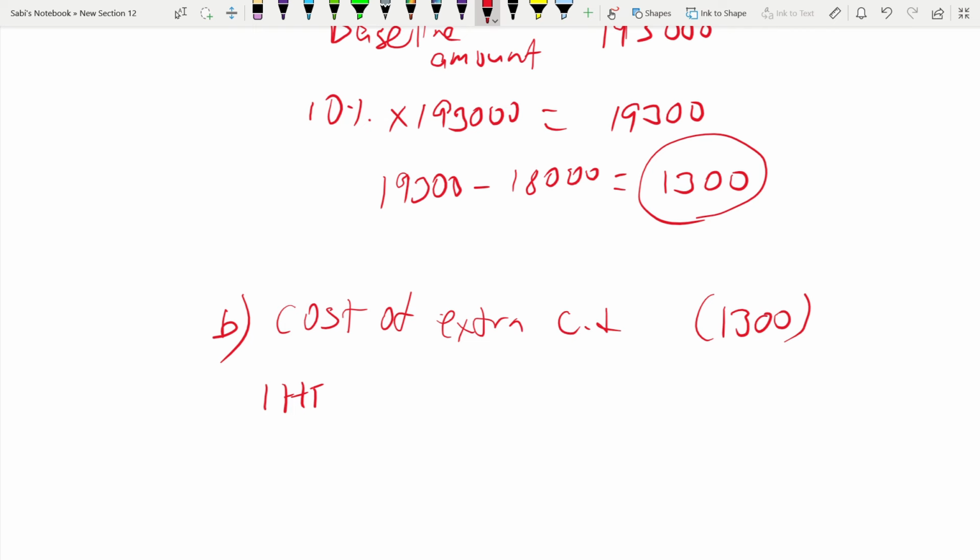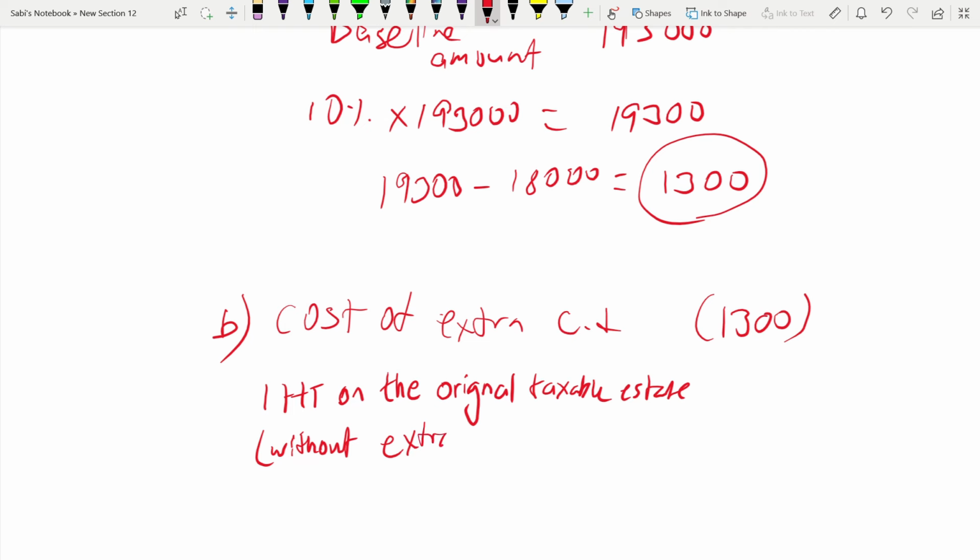IHT on the original taxable estate, that means without the extra charitable donation, I'm writing CD for charitable donation.